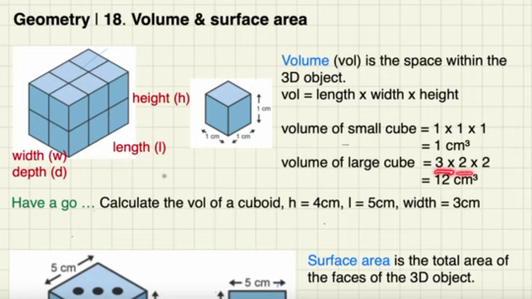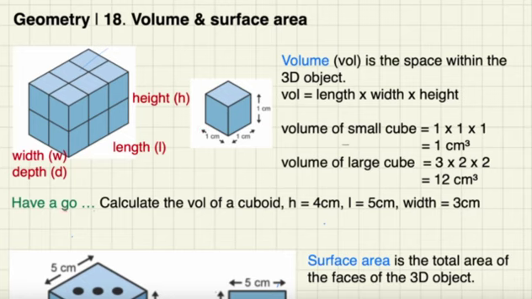The width is 2 centimeters, 1 and 2. And the height is 2 centimeters, 1, 2. So 3 times 2 is 6, and 6 times 2 is 12. That confirms that this is made up of those 12 little 1 centimeter cubed units.